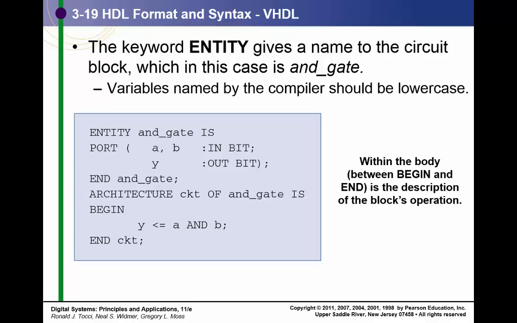The top part says we have a black box with A and B going in, and Y comes out. The bottom part tells us that inside this is an AND gate. So we have 2 parts to every design.